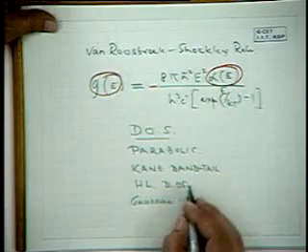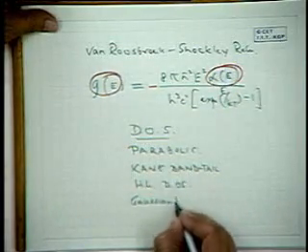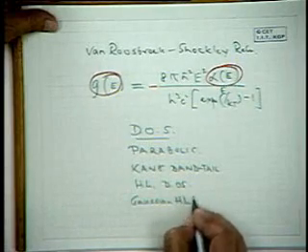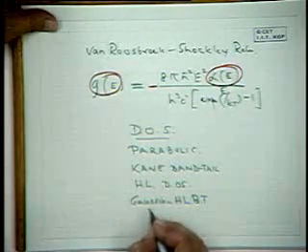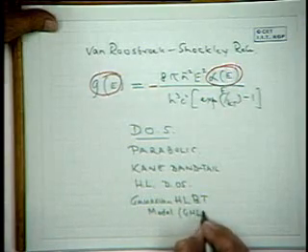It's a combination of Kane band-tail and Halperin-Lax, the Gaussian Halperin-Lax band-tail model, GHL BT.